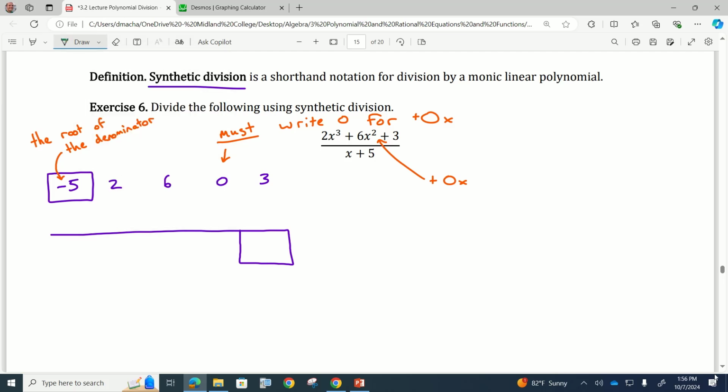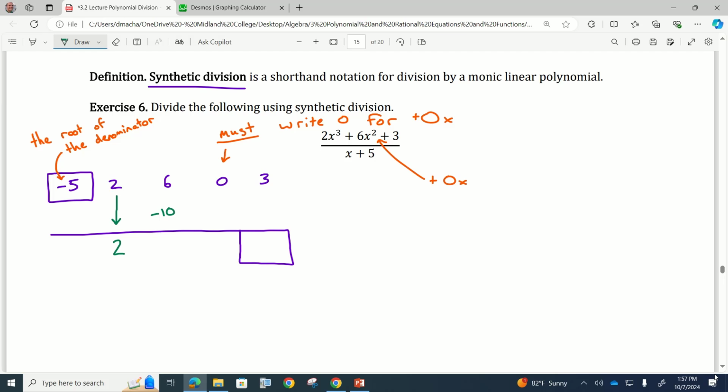We start by bringing down this 2. And so I say I bring down the 2. And then I'm going to multiply. Multiply 2 times -5 in the box. And 2 times -5 is -10. Now we're going to add vertically.